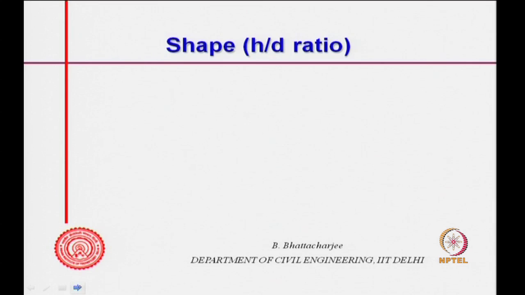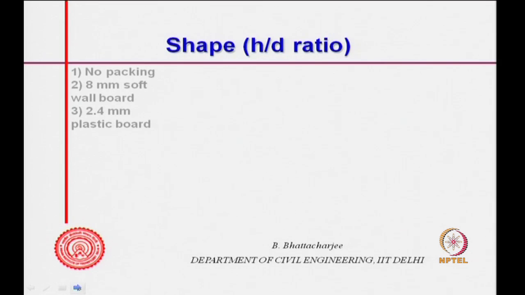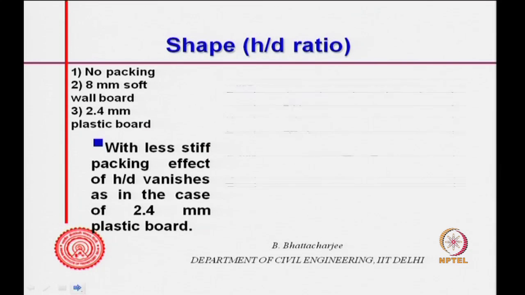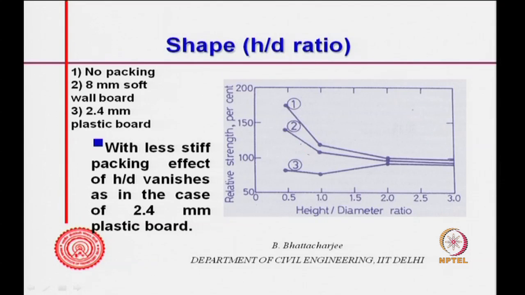Now, if I put some packing, same aspects of capping actually, first case is no packing, second case is 8 millimeter soft board, and this is 2.4 millimeter plastic board, all right. In this case you practically do not see an effect, relative strength is almost similar at 100, and in case of no packing, the effect is there.